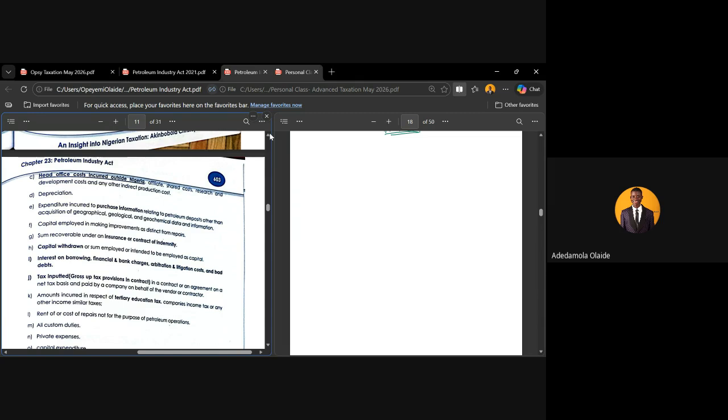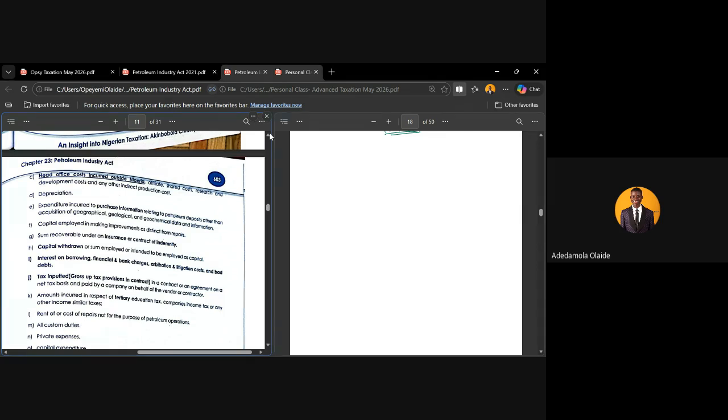Then we have what? Any sum that is recoverable under a contract of indemnity or under insurance. You know, if you have insured an expense and you incur such expense, what it simply means is you get your money back. So if you are getting your money back, then such expense will not be allowable.